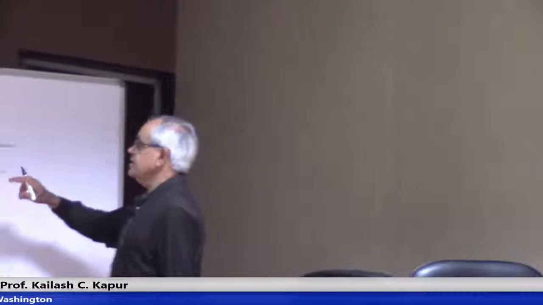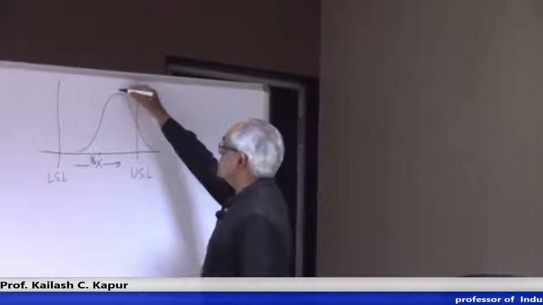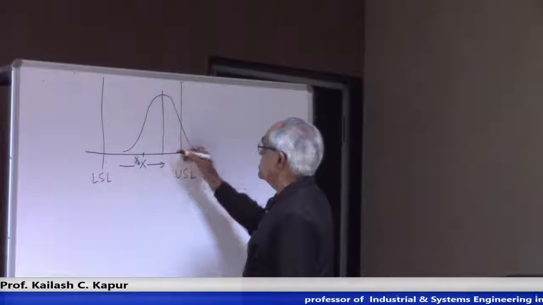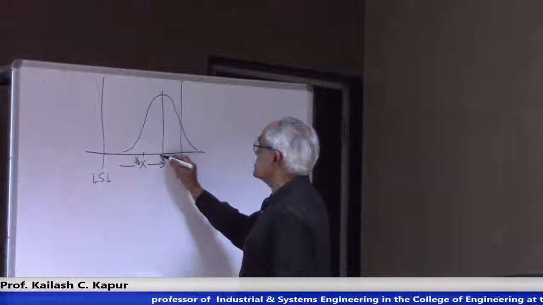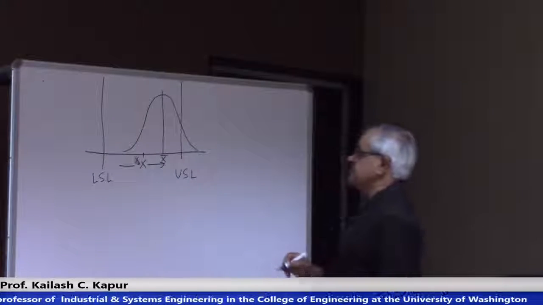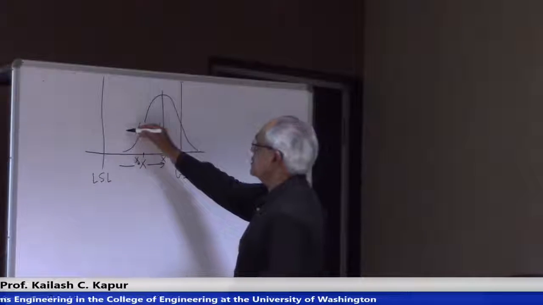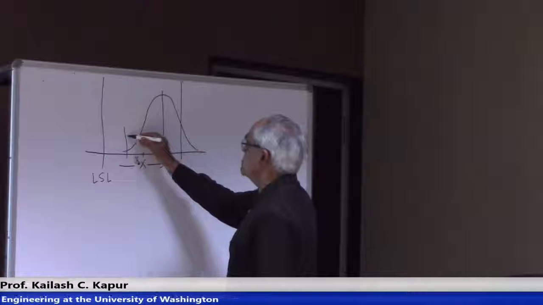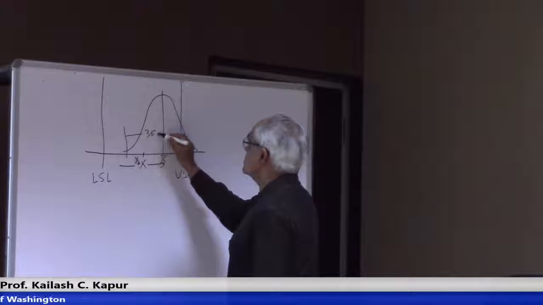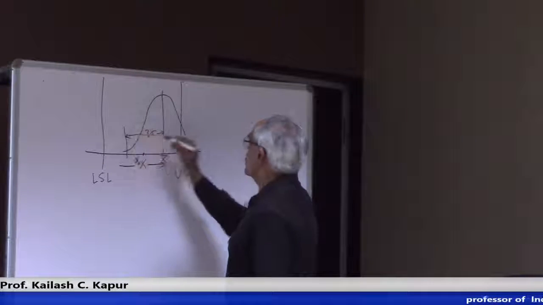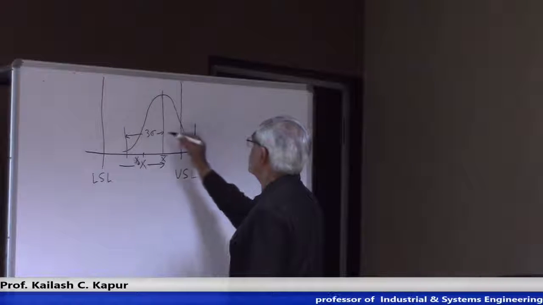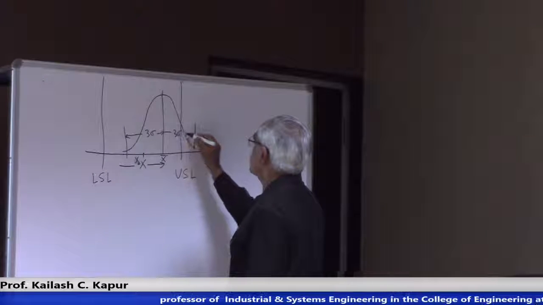The way we define capability is, in this case, the average is somewhere here. This is your x bar. X bar means the average. And then you can look at 3 sigma limits. These are the 3 sigma limits, and then you can look at 3 sigma limits on the other side.